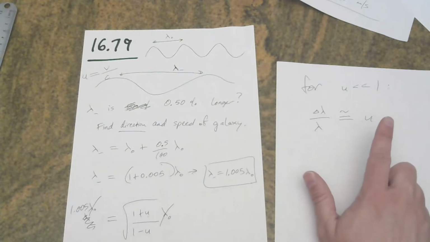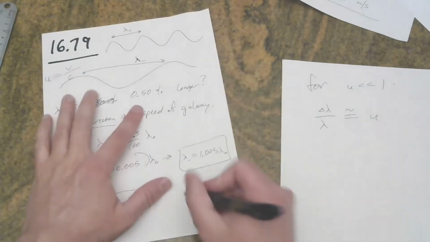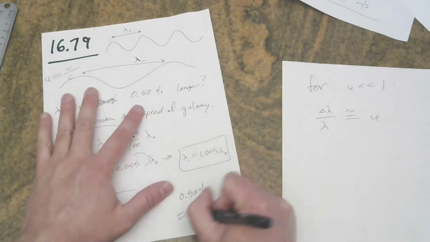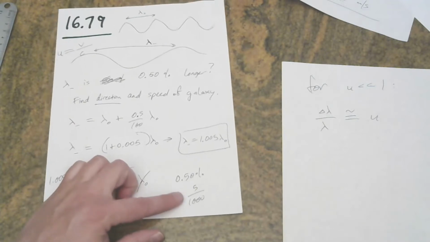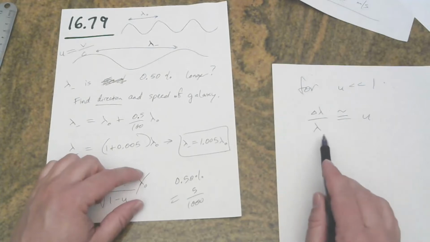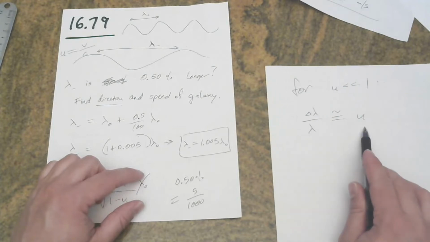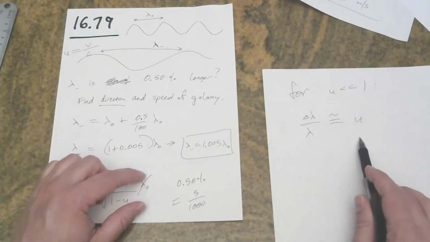And that means if one of them is 0.5%, the other one's 0.5%. 0.5%, again, is 5 parts per thousand. That's a pretty small number, right? That's much less than 1. So we're told that this quantity is much less than 1. And that kind of implies that this quantity is much less than 1, which is the condition that must be satisfied in order to use this equation.